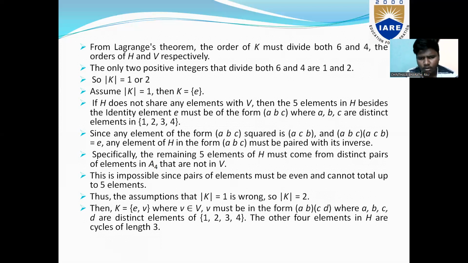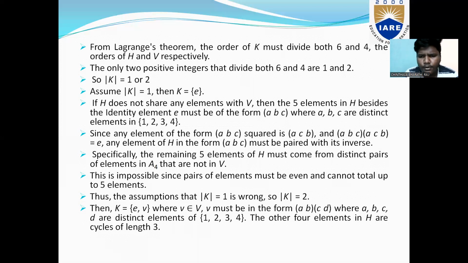So let us take the order of K equal to 2. Now K becomes e, v, where v belongs to V. Small v must be in the form (a b)(c d), where a, b, c, d are distinct elements of 1, 2, 3, 4.